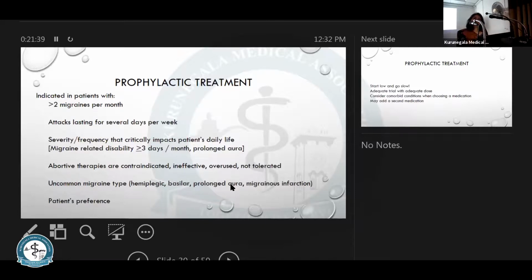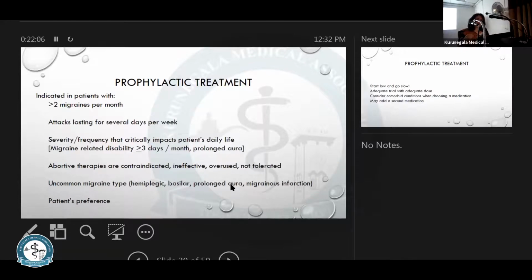So when we talk about prophylactic or preventative therapy, when should we consider a patient for it? If the patient is experiencing more than 2 migraine attacks per month, yes, we should start them on prophylactic therapy. And if the attacks are long lasting, like several days per week, of course, their quality of life is affected there, so we need to give them prophylactic therapy.